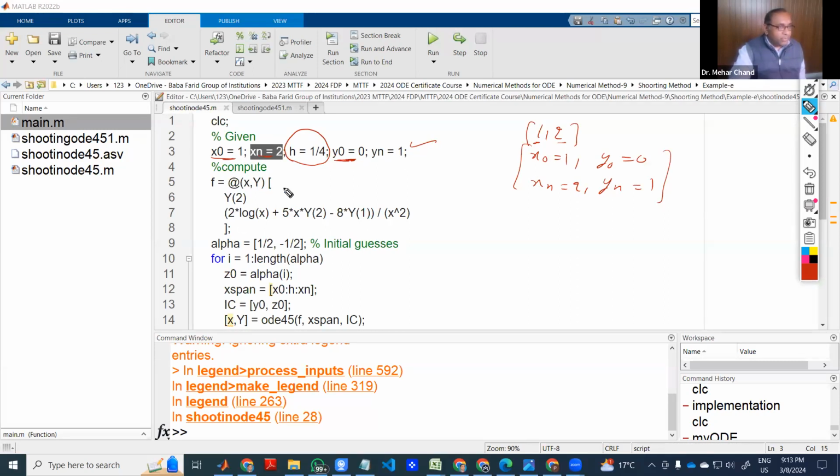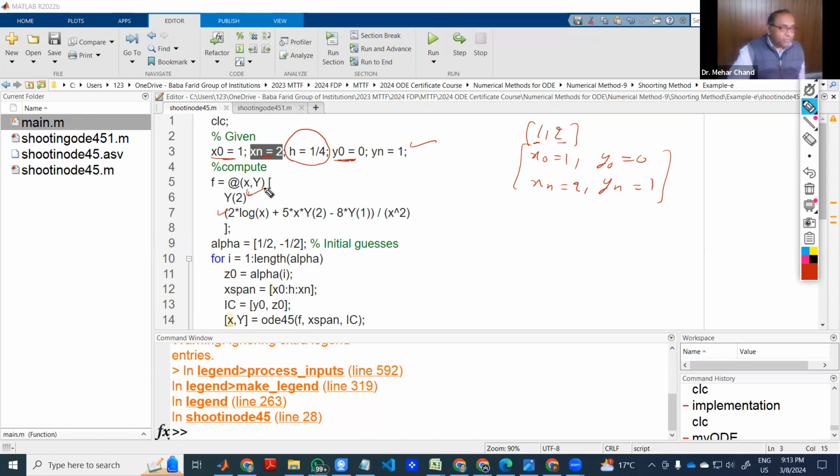Now we compute the function. We have a system of equations, so here we have y2 and y1. These are the equations which we simplified initially.